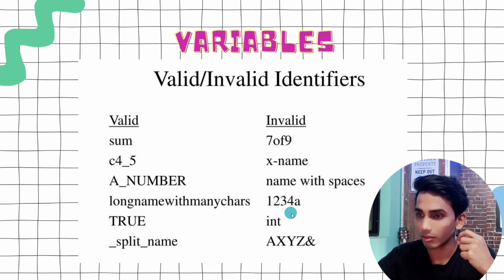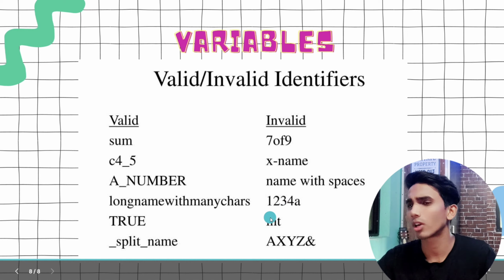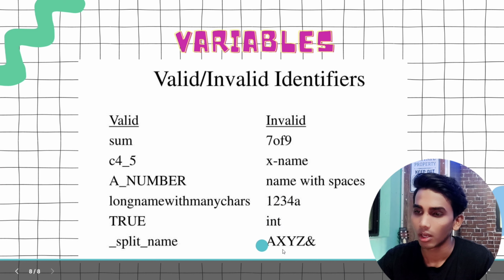Starting with numbers is not valid. Using a keyword, which is a reserved word of the C language or a particular language, is not valid. Also using a special symbol like the ampersand is not a valid variable.